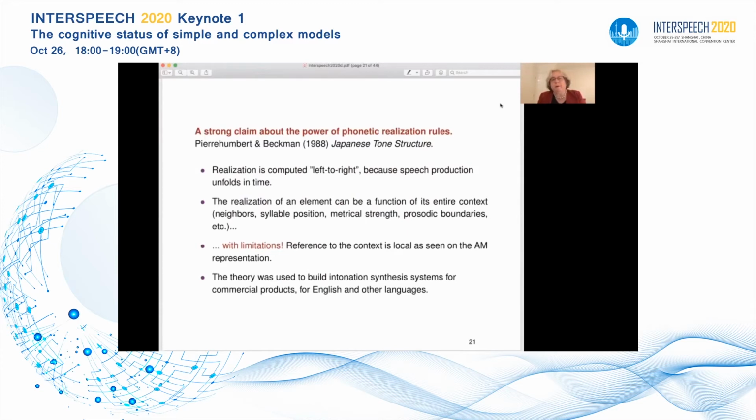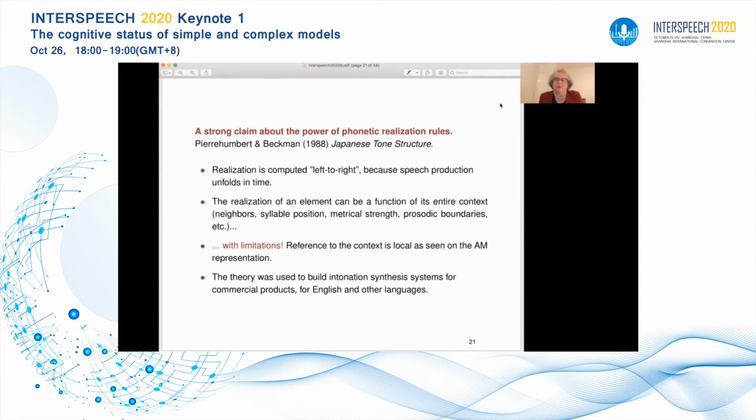Now, Mary Beckman and I made a very strong claim about the power of phonetic realization rules in Japanese tone structure. So first of all, we claim that realization is computed left to right because speech production unfolds in time. And the realization of an element can be a function of its entire context, its neighbors, its syllable position, metrical strength, prosodic boundaries, but with significant limitations.